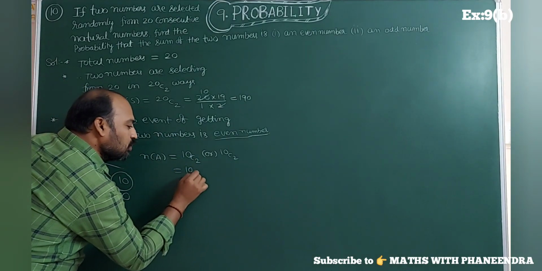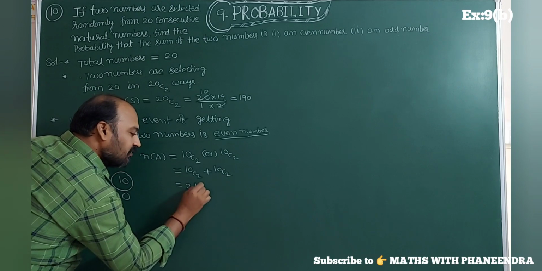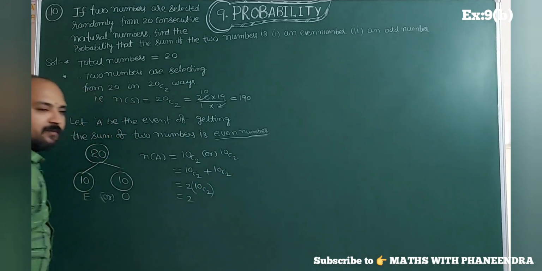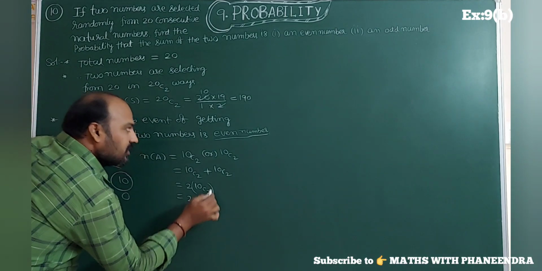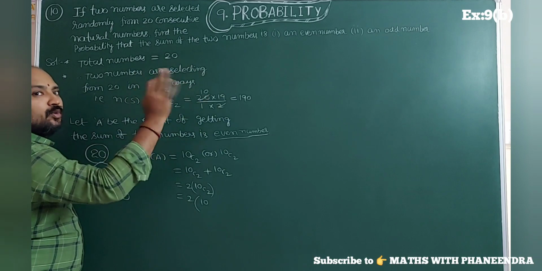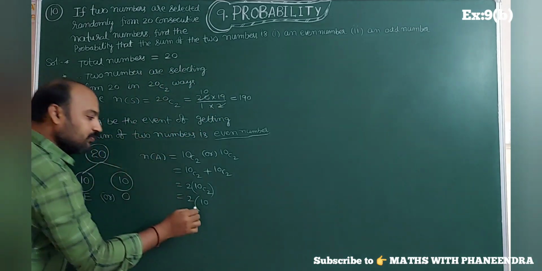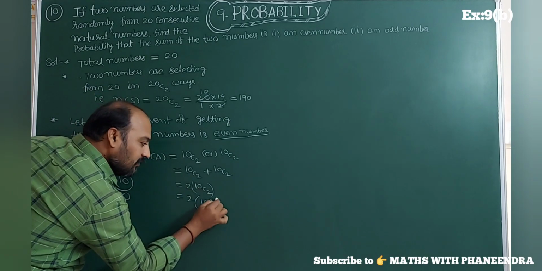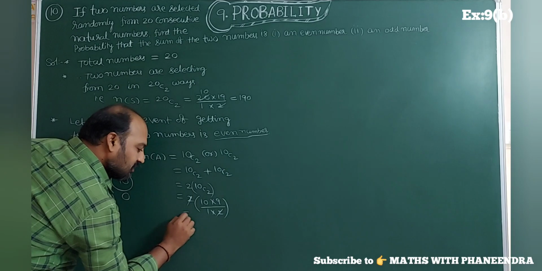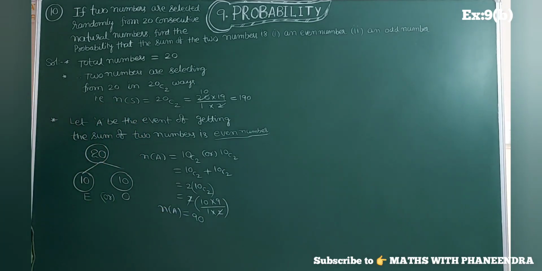So 10C2 plus 10C2, that is equal to 2 times 10C2. Just now I said 20C2, in decreasing order 20 and 19, two numbers, and 2 is there, 1 into 2. So here also 10 into 9 by 1 into 2. 2 gets cancelled, 9 into 10 is 90. So n of A is equal to 90.